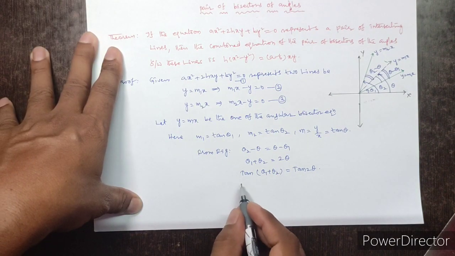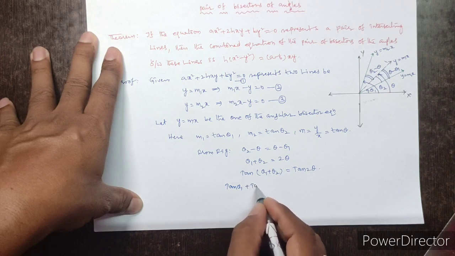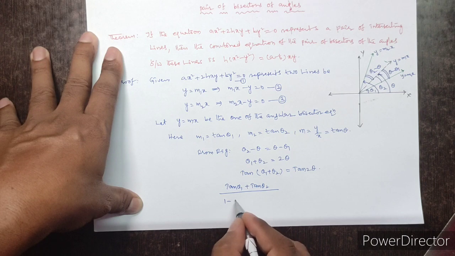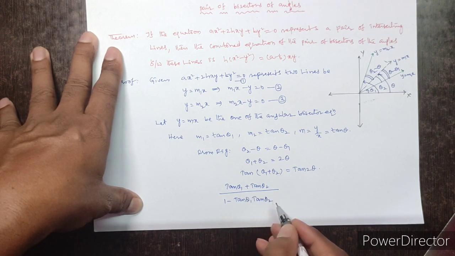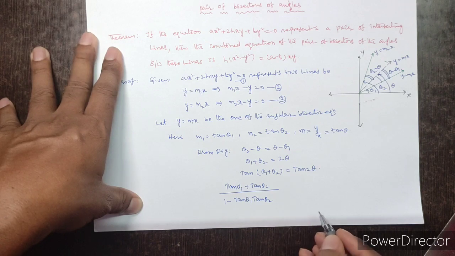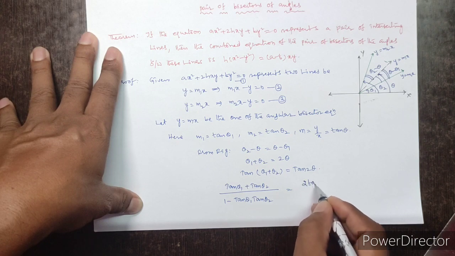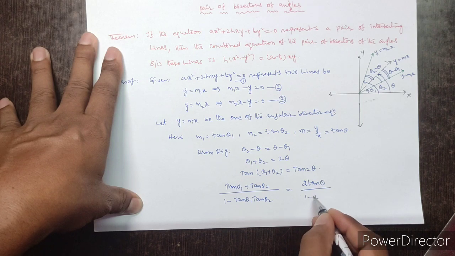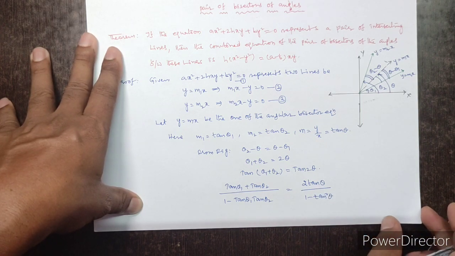By using the tan of theta 1 plus theta 2 formula, tan theta 1 plus tan theta 2 by 1 minus tan theta 1 into tan theta 2, that equals the tan 2 theta formula, 2 tan theta by 1 minus tan square theta.